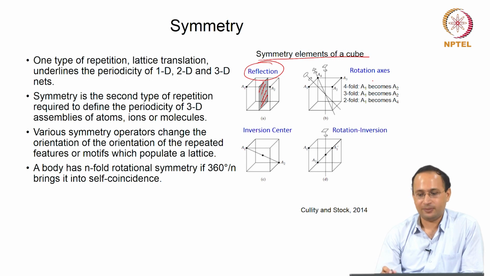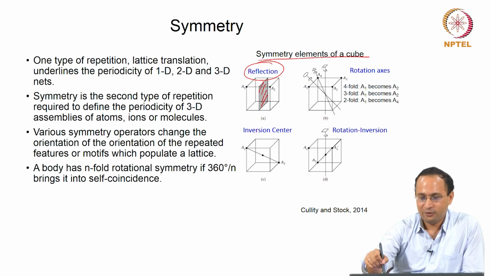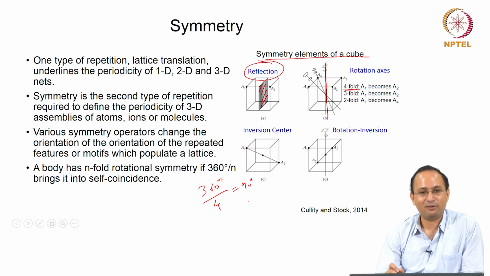Now about the rotation, same cube, if you rotate about this axis, we are talking about different folds. 4-fold symmetry means if you rotate your cube by 90 degrees, it will come to self coincidence.